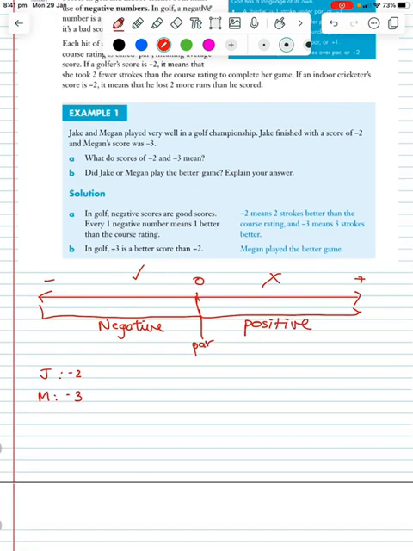So -2 means 2 strokes better than the course rating, and -3 means 3 strokes better. So for part A, you could just write it as they have here, if you like, or you can write -2 is 2 strokes better than par, and then -3 is 3 strokes better than par.